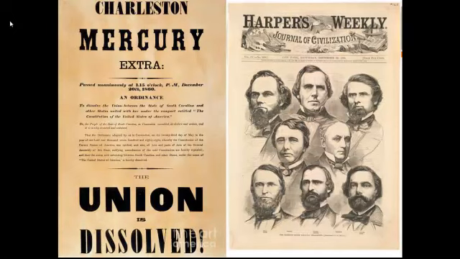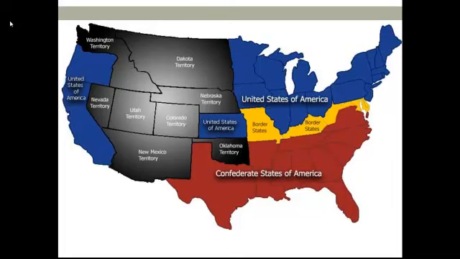And so, all over the country, newspapers carried the headline, "The Union is dissolved, new Confederacy." And so, with this, the United States, to a certain extent, has now split in two, where what used to be one country is now two, with the United States of America comprising the northern states and California and Oregon, and the Confederate States consisting of the southern states, the slaveholding states.